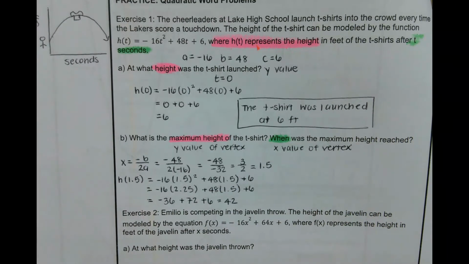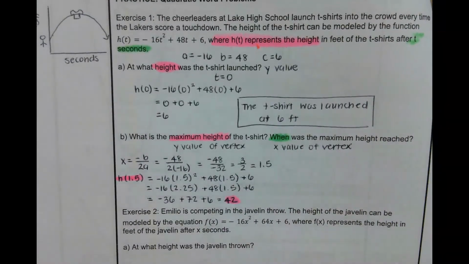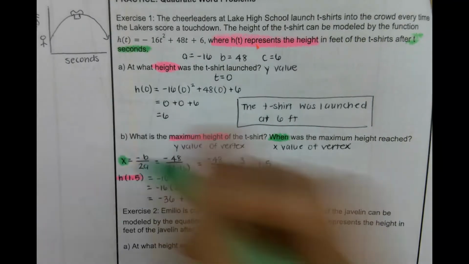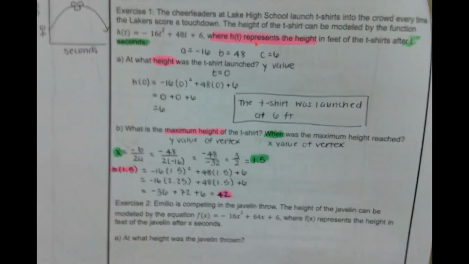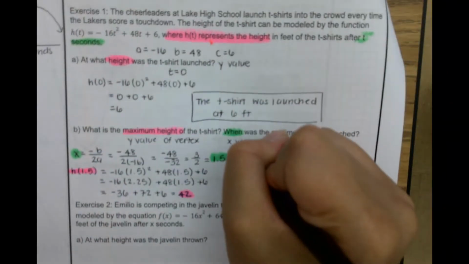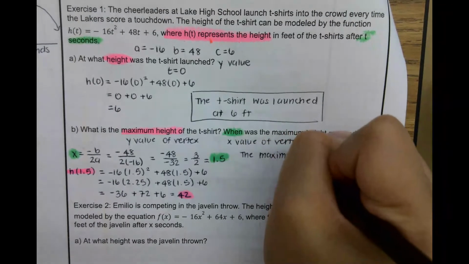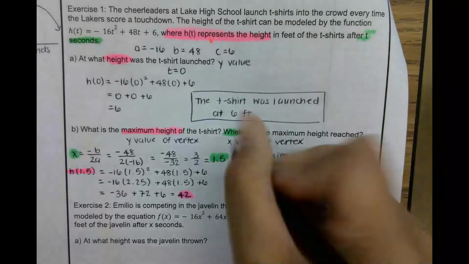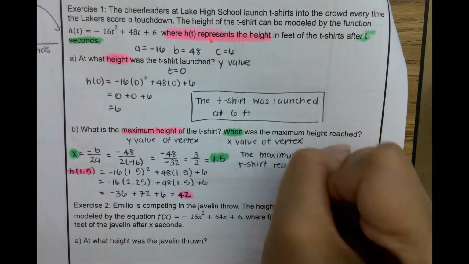Here I found the maximum height. That's the y value of my vertex. And then the when is the x value of the vertex, which I found here at 1.5. So what does this mean? It means the maximum height the t-shirt reached was 42 feet.